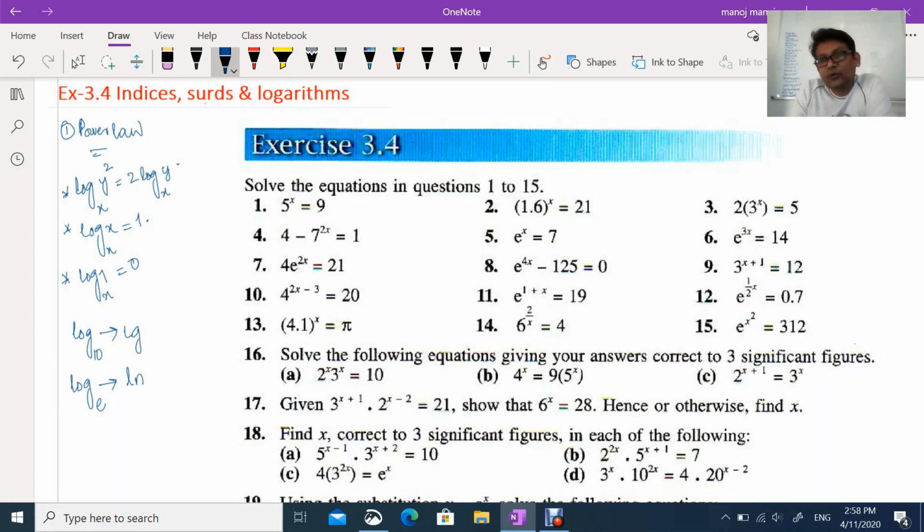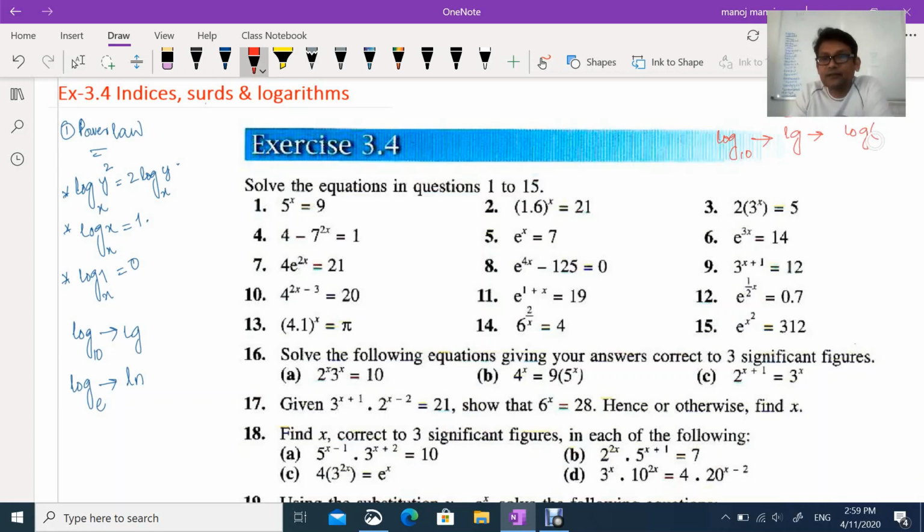In the book you will see lg, which means log with base 10, and in the calculator this lg is log only.